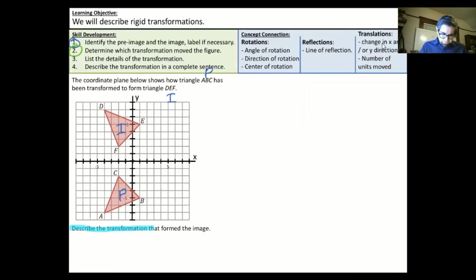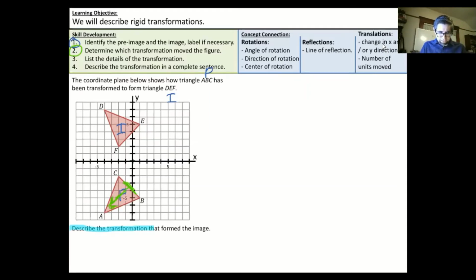So let's see, when I look at ABC, it kind of looks like it's pointing that way. I hope you see that it's looking that way to you. Maybe here's a flat side and then it's pointing down to the left here.